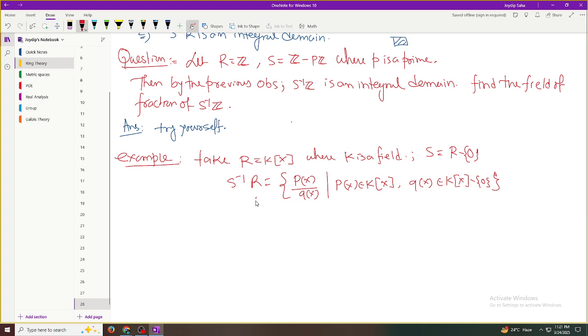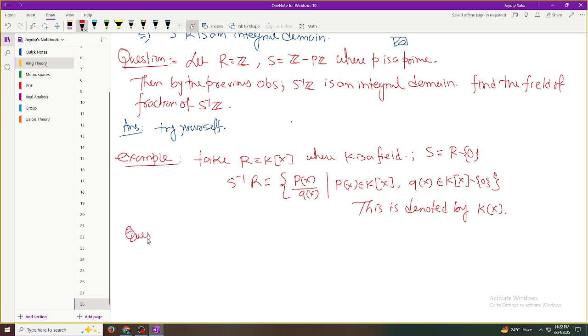This is denoted by k(x), the rational function field.